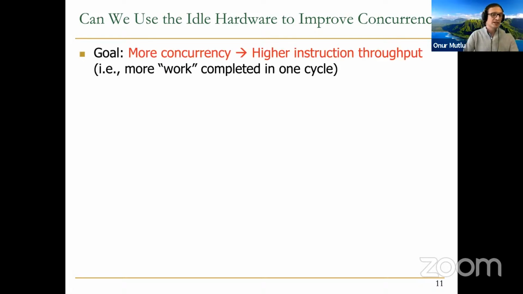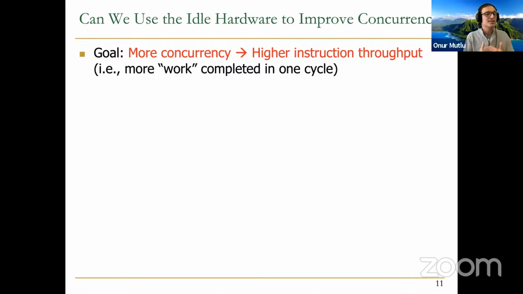So what's the benefit of more concurrency then? It leads to a higher instruction throughput, meaning you can process more instructions concurrently at the same time. You can complete more work in one cycle, and you can finish your program faster, right? Remember the performance equation? It said we have a number of instructions, cycles per instruction, and clock cycle time.